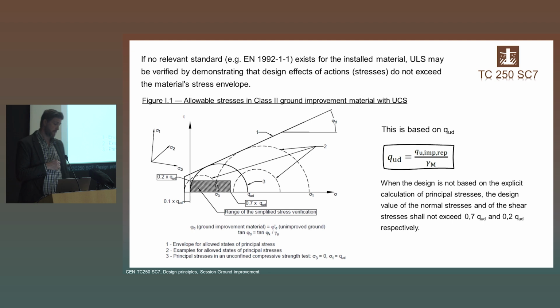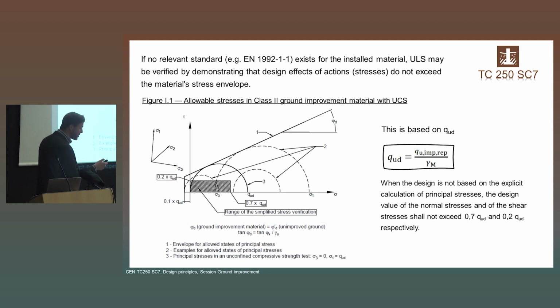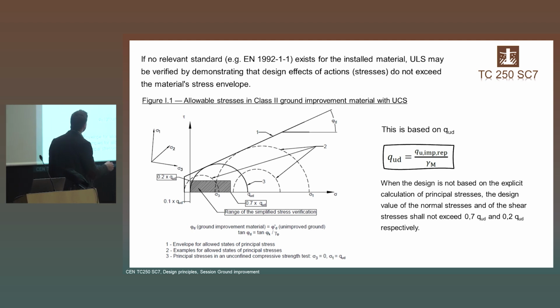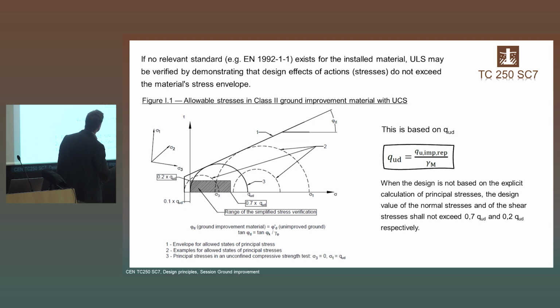Thus, for the design verification, you take into account the design stress that you encounter in the design. If there is no relevant other Eurocode, for example Eurocode 2 for concrete, it is possible to use the following approach. The ULS may be verified by demonstrating that the design effect of actions does not exceed the failure envelope that you see here.